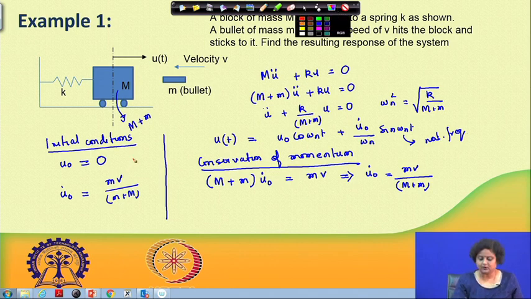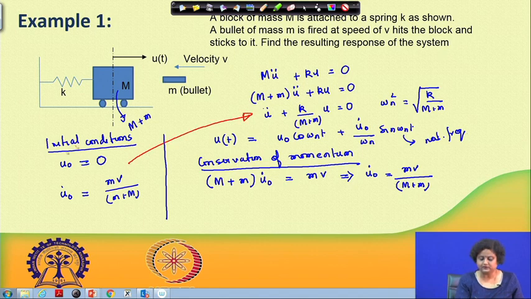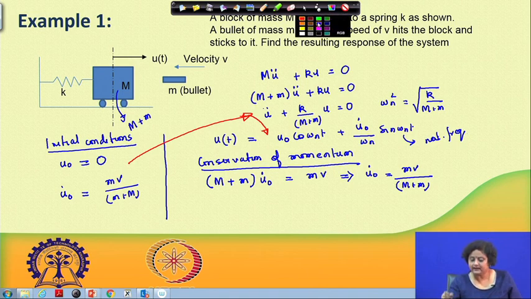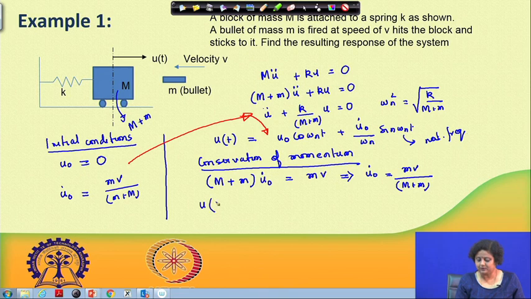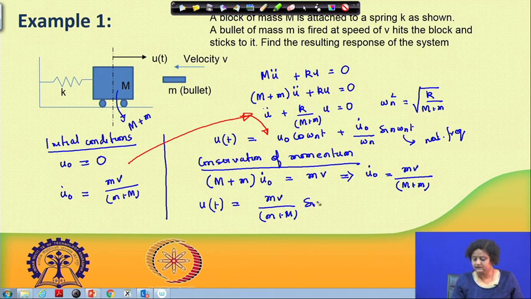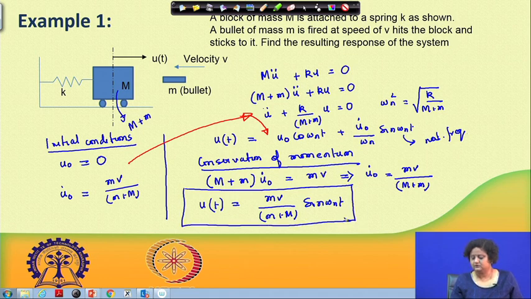If we do that, we get the final response as u(t) equals m v by (m plus M) into sin omega n t. This is the answer of the problem.